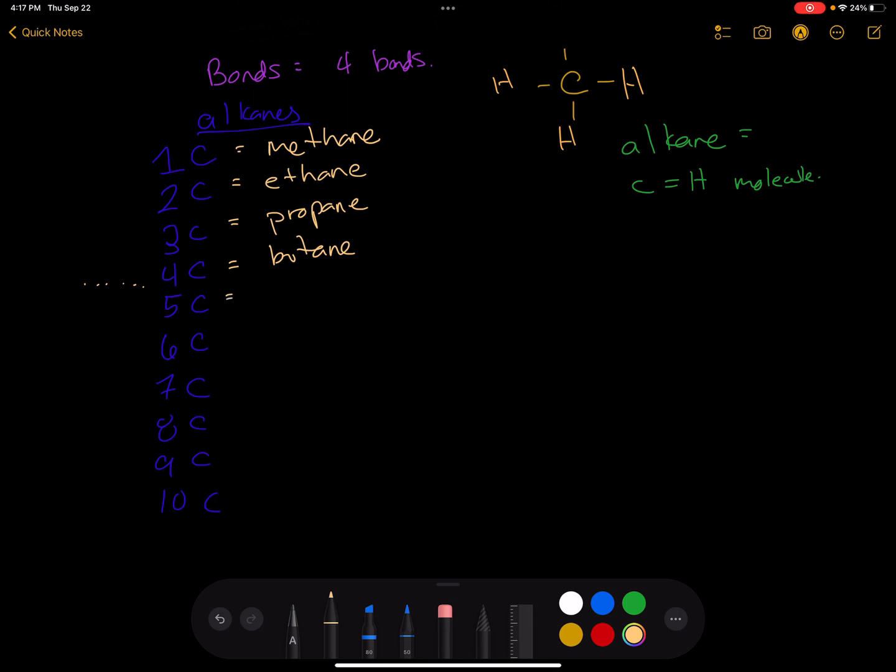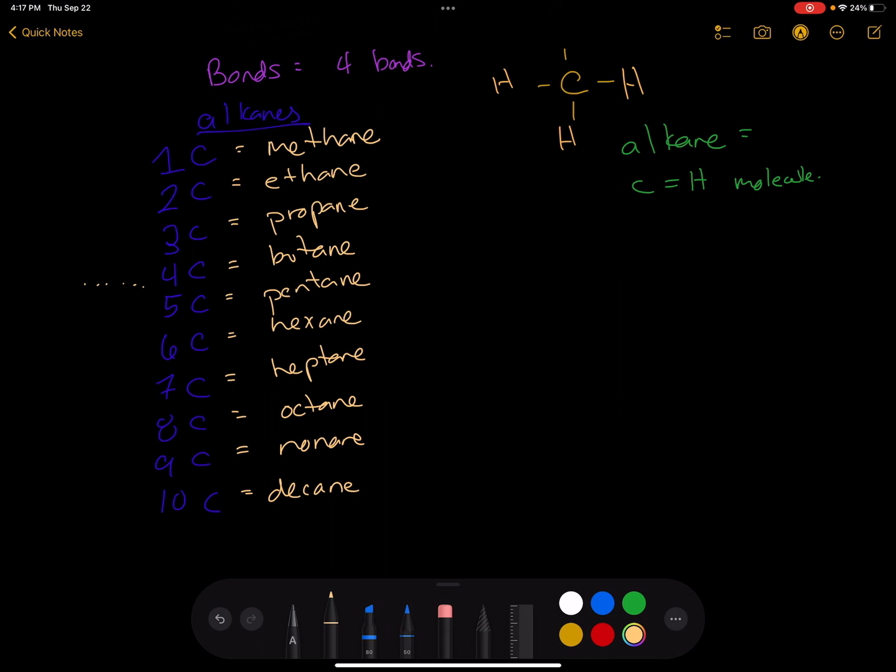And then after this, they start naming again like the word roots we're used to. So this is pentane, 6 is hexane, 7 is heptane, 8 octane, 9 nonane, and 10 is decane.